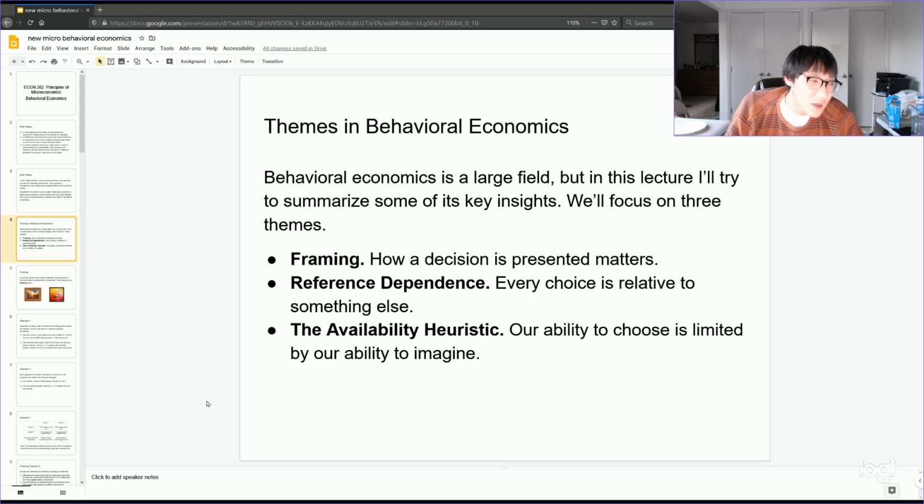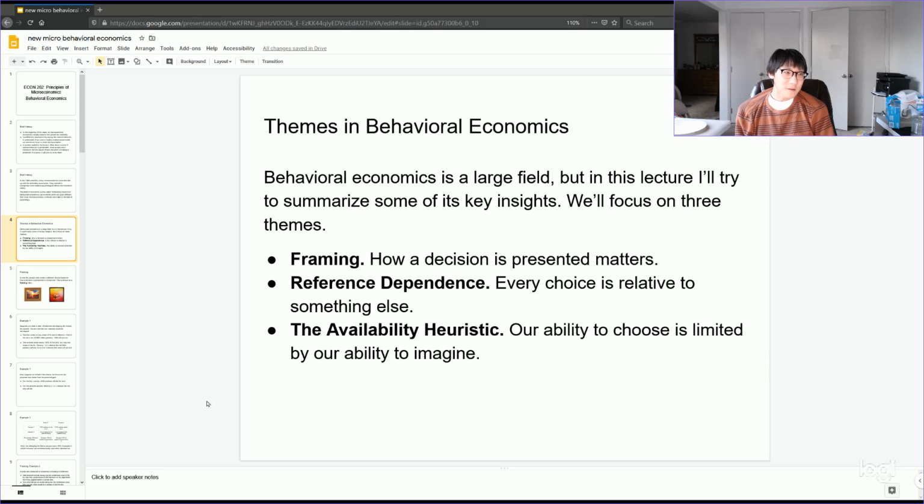Number one is something called framing. That is the idea that how a decision is presented matters in terms of what a person is going to decide. The second is reference dependence. It's related to framing in a way, and it's the idea that every choice is relative to something else.